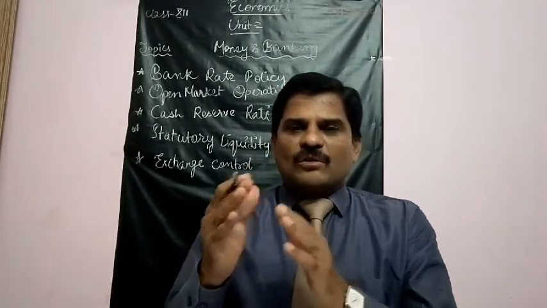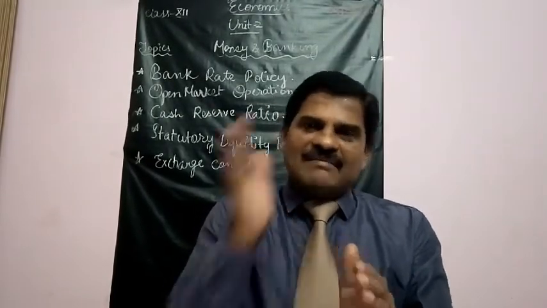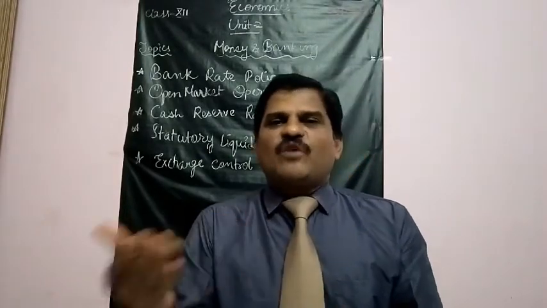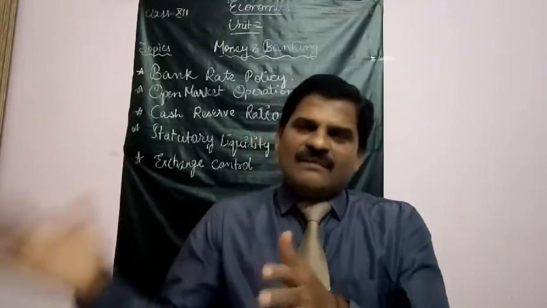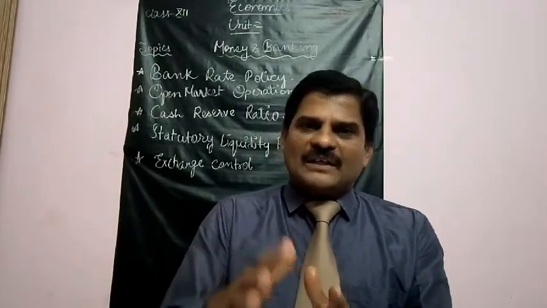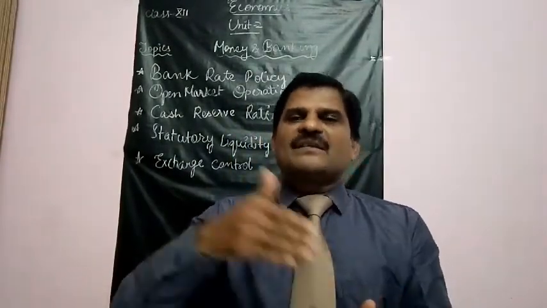Again they keep 20% with the bank and again the remaining 80% they give in the form of loans. Again, whatever the borrower repays as principal along with interest, again 20% they keep and 80% they lend in the form of loans.